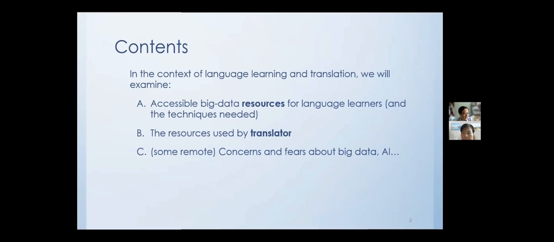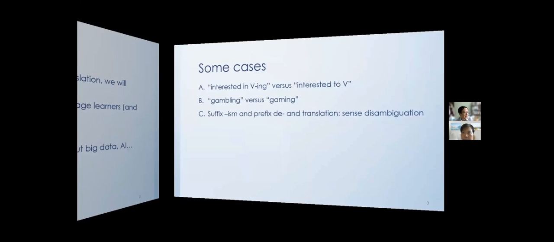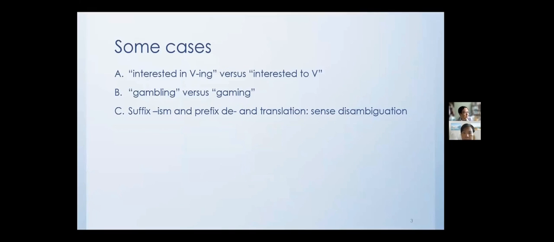Again, we'll look at three examples. First, the English expression "interested in doing something" and "interested to do something." When to use which? Can we just totally ignore "interested to do"? So we look at big data resources, evidence.